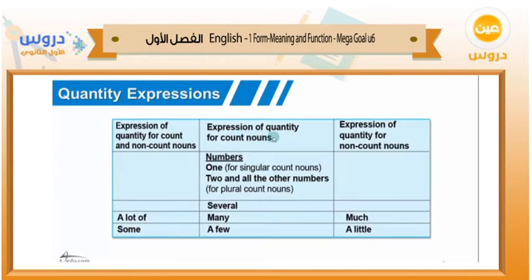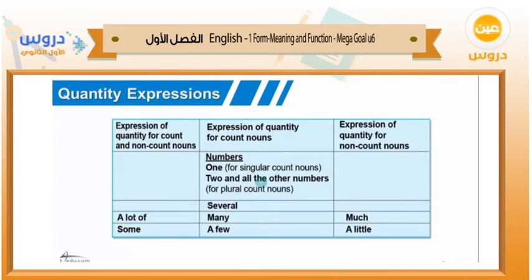But expressions of quantity also for countable nouns, or the nouns that we can count 1, 2, 3, 4, 5. For the number one, of course, it's always singular, like one book, one car, one door, one pen, one TV. So this is one for the singular and without s, and you know this.